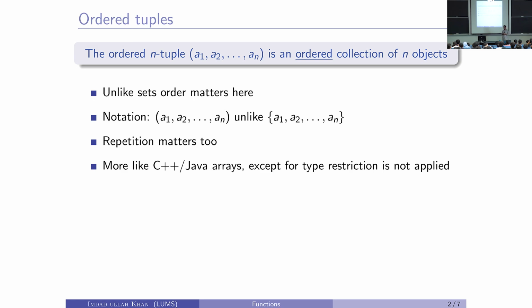Also, being ordered is going to tell us that repetition matters, because we cannot say there are two b's there. There is the first b and then there is a second b. It's an ordered thing, so those elements are different. There is the first appearance of that element, the second appearance, the last appearance, the second to last, the third one, the fifth one, and so on.